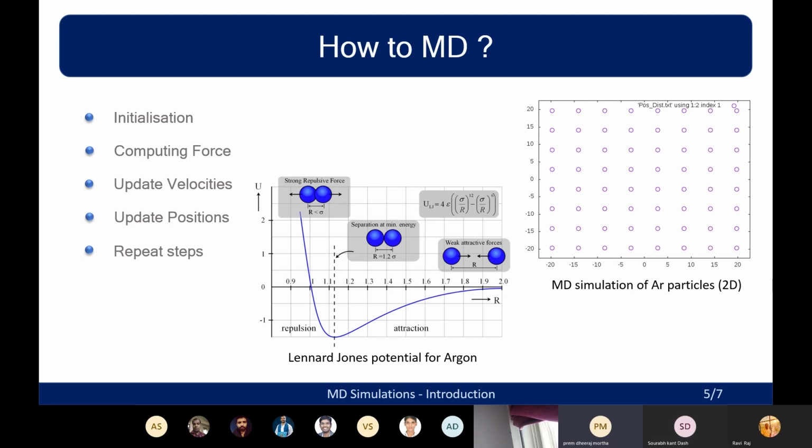Since my system doesn't have any other forces in appreciable quantities, I'm just confining myself to this attractive and repulsive force based on the distance. If other forces come into play, I'll have to change this potential function in such a way that I accommodate all the other effects too.